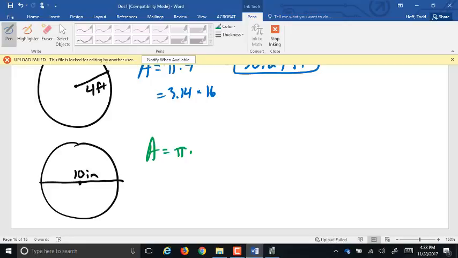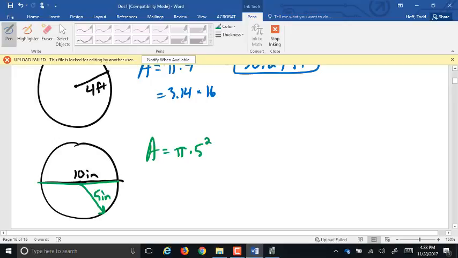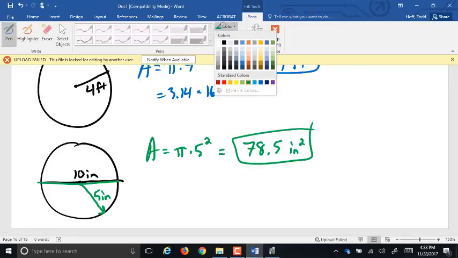Because 10 is the diameter. We need the radius. So the radius in this would be 5. Very good. Half the diameter. So it's pi times 5 squared. So 3.14 times 25 is roughly 78.5. That's in inches, so it'll be inches squared.